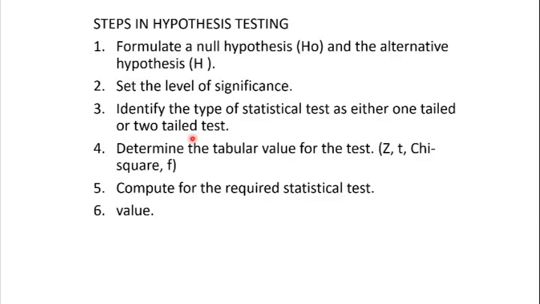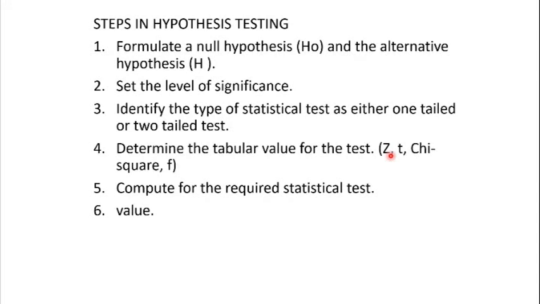And next is to determine the tabular value for the test. Kasi na-discuss pa lang natin is the Z distribution. But for the statistics, we also have the T distribution or the chi-squared and the F distribution. So each of these have their own table naman. So yung na-discuss natin, we have the Z distribution. Napakita ko na rin naman yung table nito before na ginamit natin.